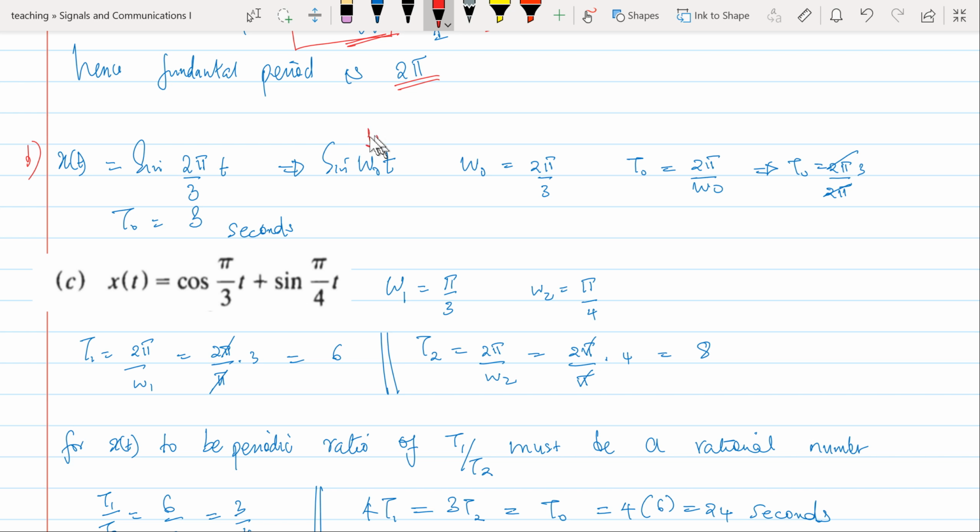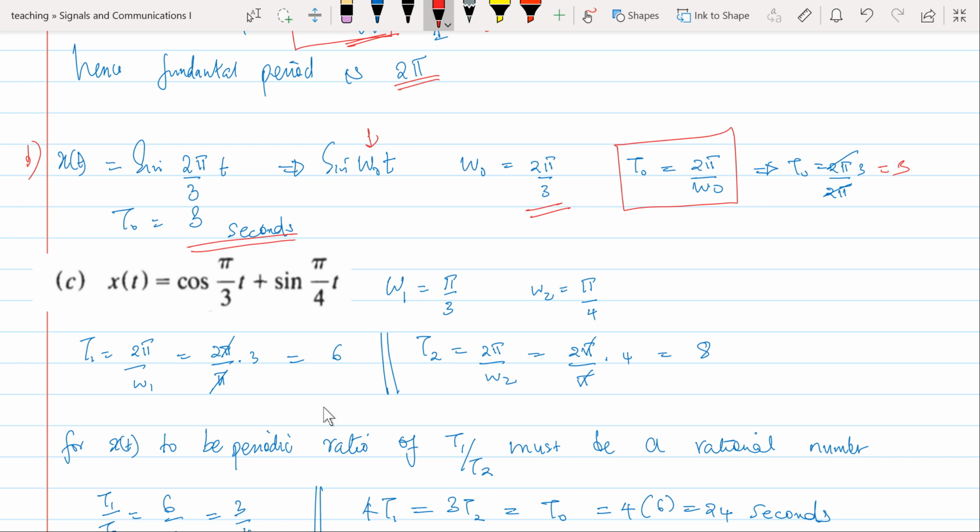Therefore, you can observe that our omega naught is equal to 2 pi over 3. And since we know this formula, 2 pi over omega naught will always give us a period. Therefore, we obtain that our period is 3, and we can say that our function is periodic with a period of 3.